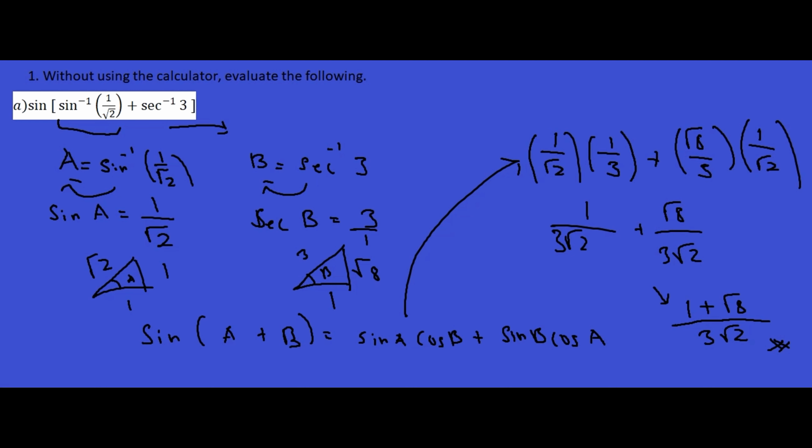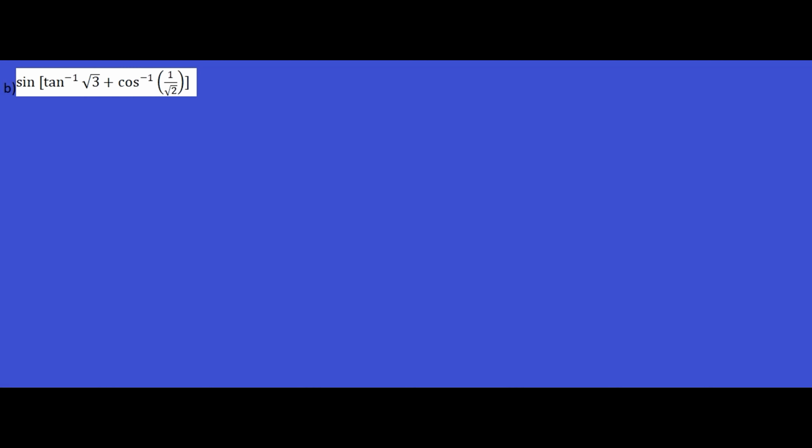We are going to do the same thing. We choose a letter. I choose A. A equal to the first angle, which is arctan sec 3. Bring the tangent to the opposite side.